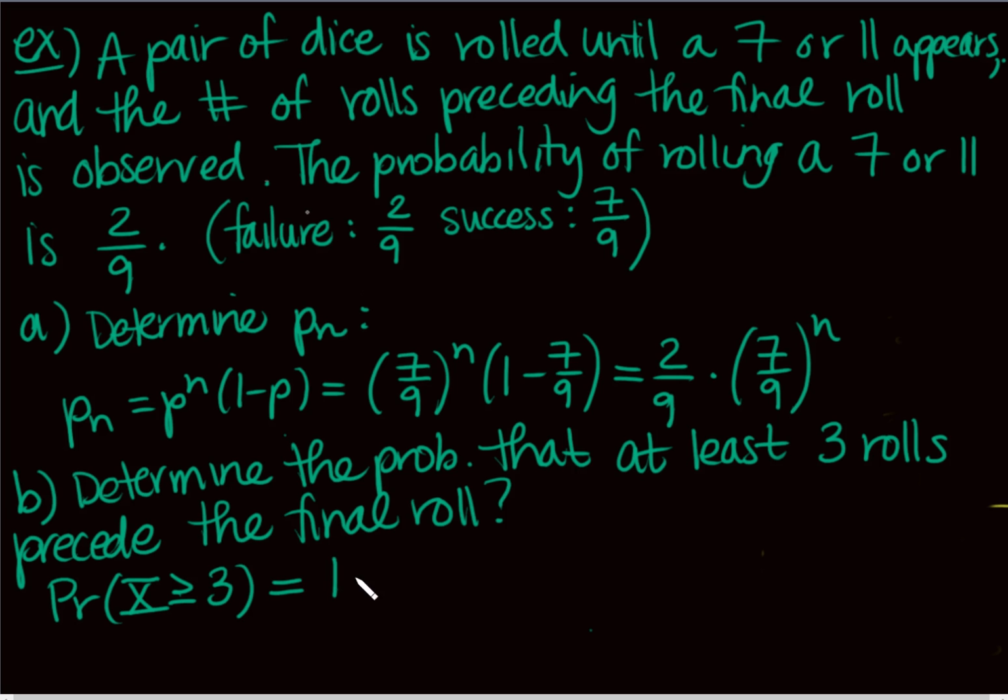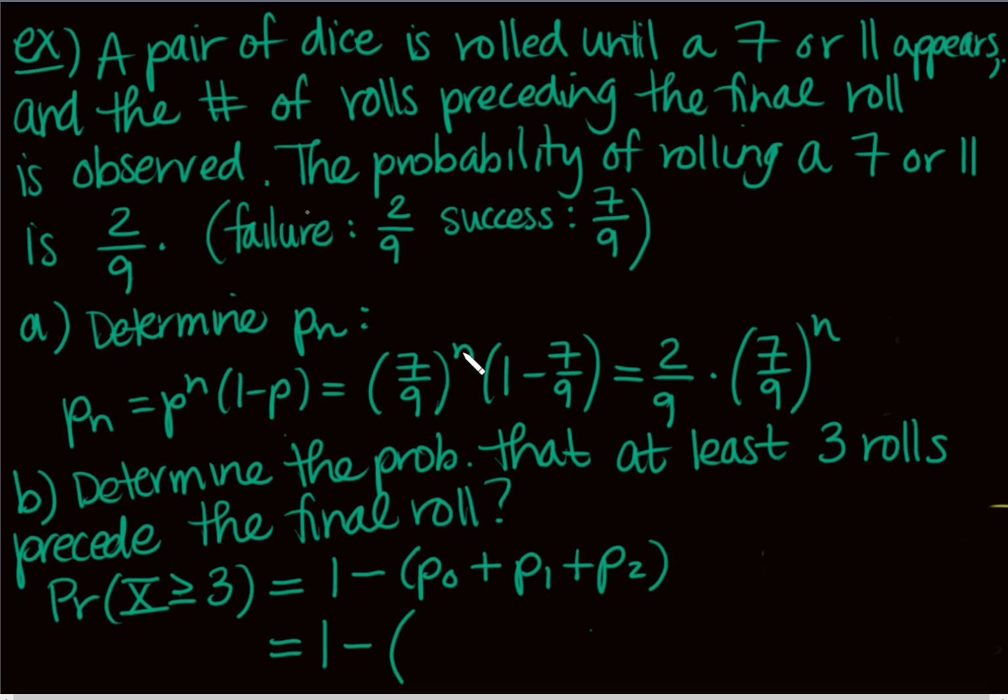We're going to take 1 minus the probability of 0 plus the probability of 1 plus the probability of 2. Basically I'm calculating P3 plus P4 plus P5 plus P6 plus ... That all equals 1 if I add on the 0, 1, and 2. So I just subtract.